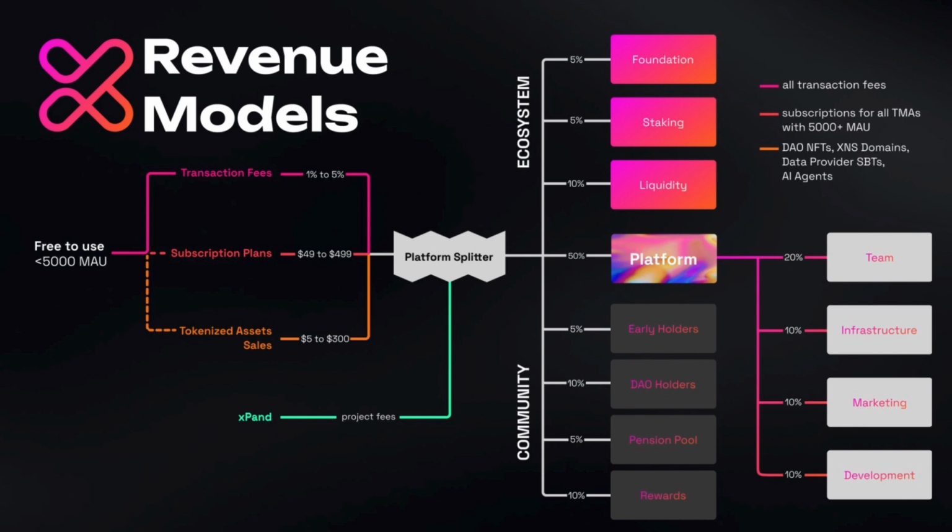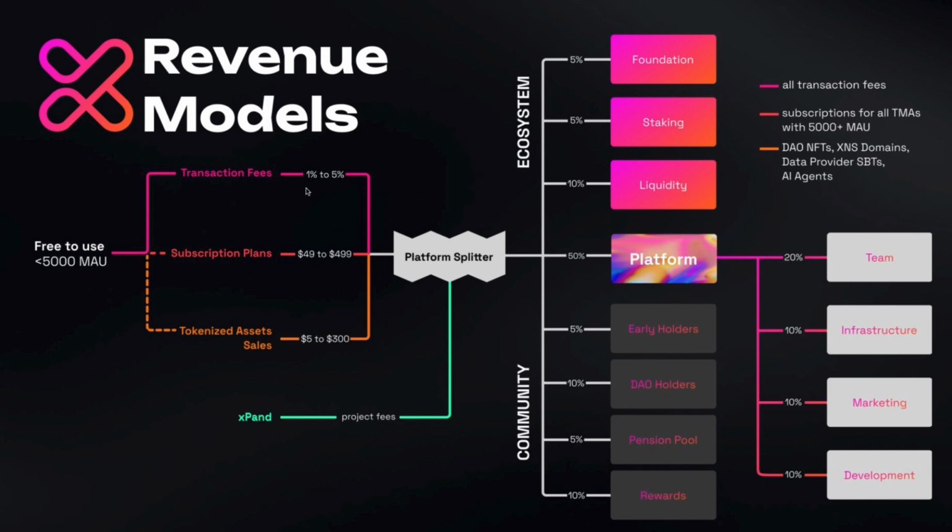So we generate income through basically three main channels. As you can see, transaction fees, subscription plans, and tokenized asset sales. So let me clarify on these. These transaction fees are fees charged on all transactions within our ecosystem.